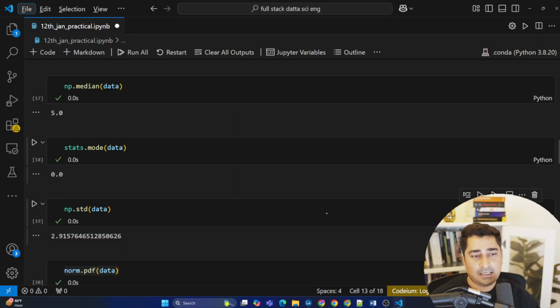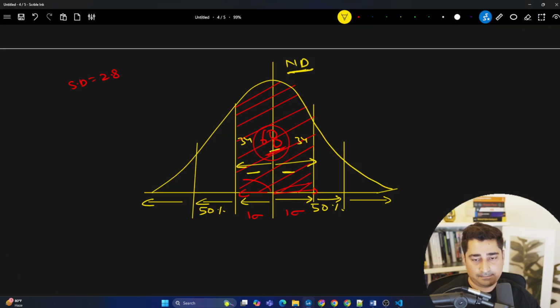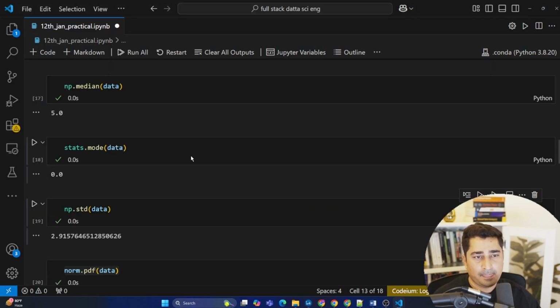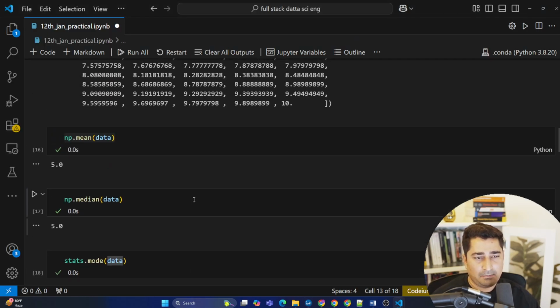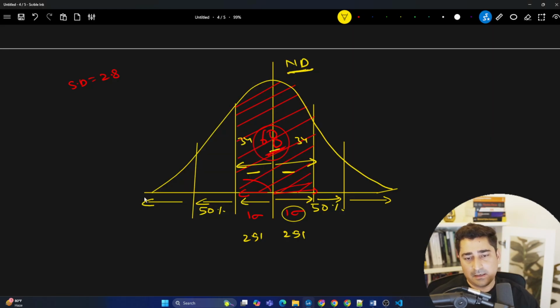Meaning is that if my standard deviation is 2.91, then under one standard deviation means 2.91 from what point? From my mean. Now what was the mean for this data? 5, right? So the mean for this data was actually 5. Let's imagine my data was normally distributed.